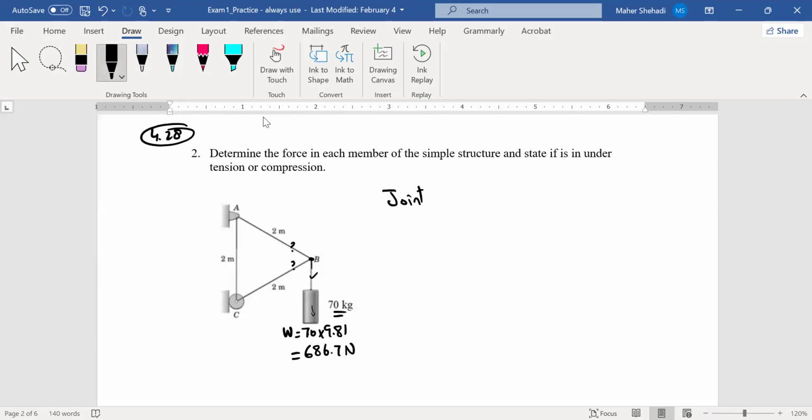But in some other problems, maybe you have some other points that you can consider. I have 686.7 newtons. That's the tension in this wire or cable. And then you notice here 2, 2, 2. That would split this angle equally between the two. And because I'm going to need to decompose or find the component of these two forces.